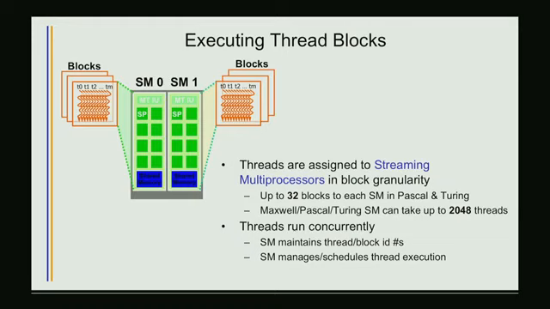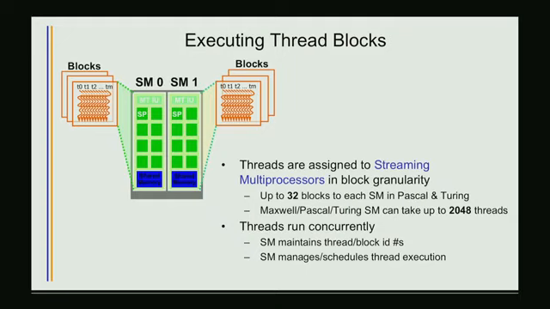Now, recalling our diagram from last time, each of these blocks is an entity that will get mapped onto the GPU resources. And these resources, we call them streaming multiprocessors, or SMs. Depending on the GPU that we're executing on, we might have a dozen SMs, we might have 1,000 SMs. We don't really know, and we don't want to know.